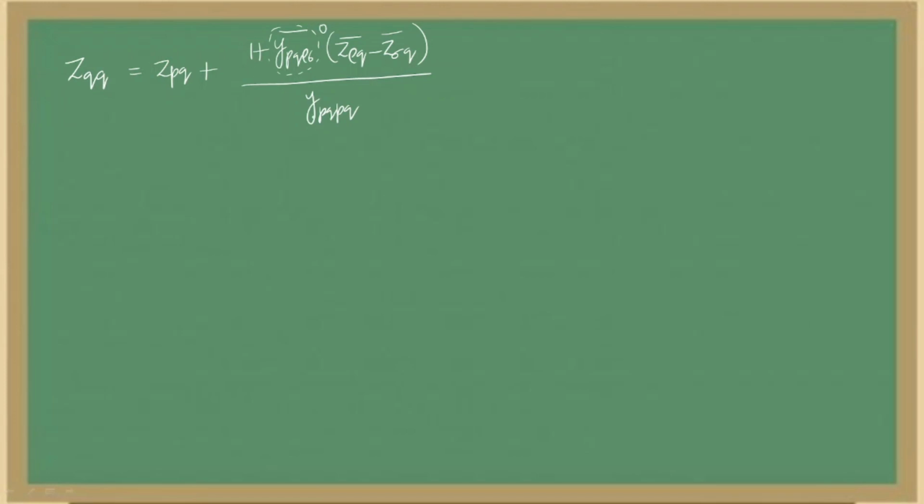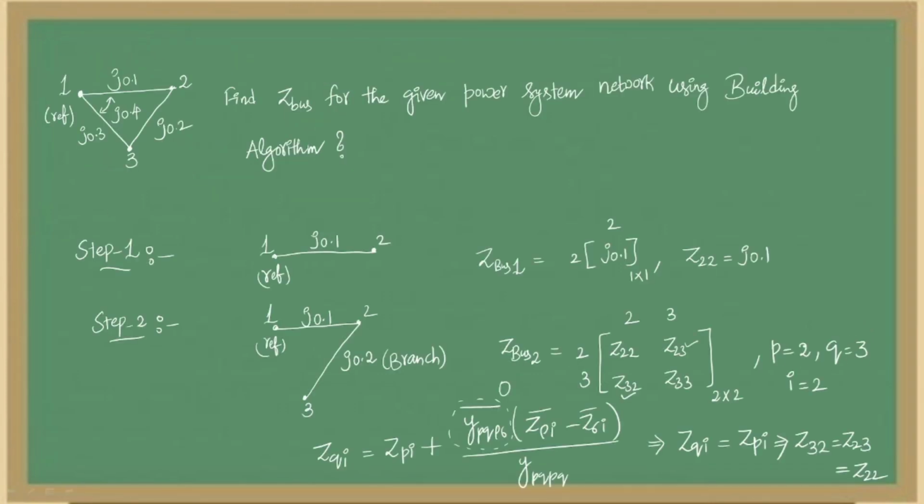Now you are left with 1 over YPQ and it is equal to small z PQ. What is small z PQ? It is the self impedance of the added element. Small YPQ means self admittance of the added element and small z PQ is the self impedance of the added element. It is ZQQ. Now in place of Q, what we have considered? 3.